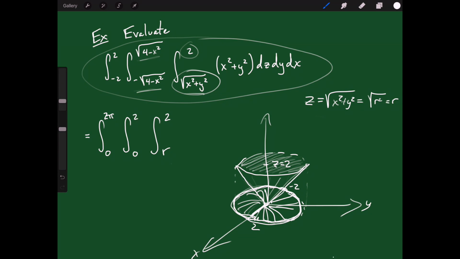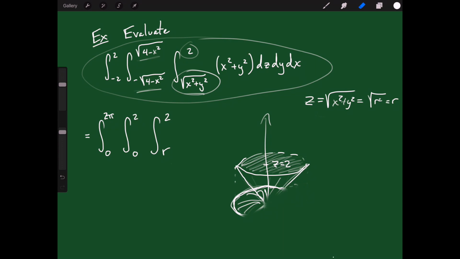And look how much nicer the numbers are now that I'm integrating with respect to r. Instead of all these square roots of x squared plus y squared and square root of 4 minus x squared, I have like 0, 2, 0, 2 pi. Much better. Now I'm going to erase the picture. We don't need it.